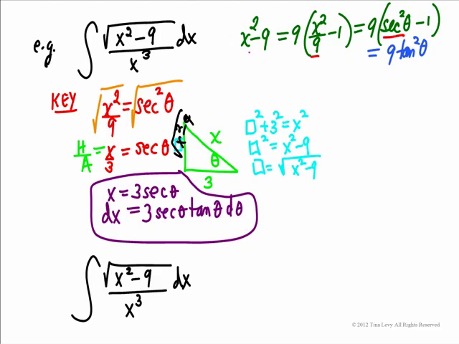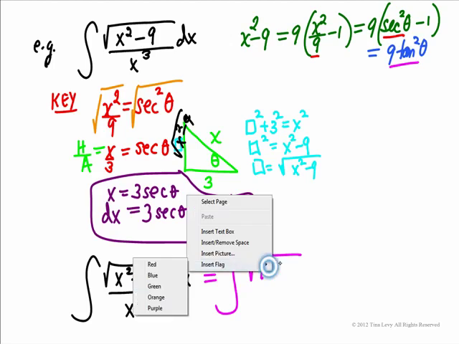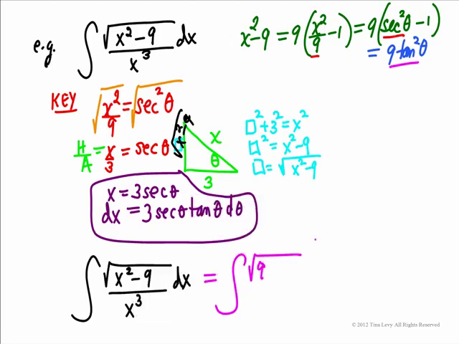Substituting, we had that x squared minus 9 was 9 tangent squared. So we get to write this as square root of 9 tangent squared theta.